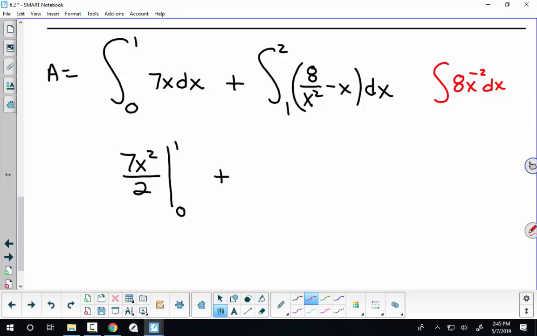Because we'll have 8 times x to the negative 1 divided by negative 1. So that'll give us negative 8 times x to the negative 1. And the antiderivative of x is x squared over 2. But we're evaluating this antiderivative from 1 to 2.